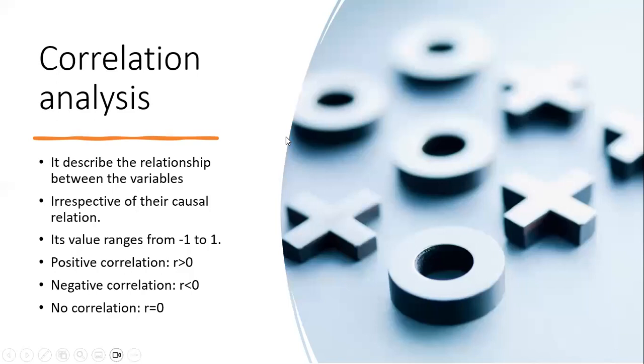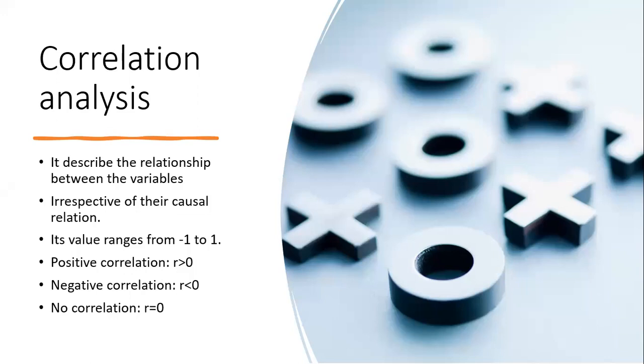Correlation analysis basically describes the relationship between the variables. Whatever the type of the variable we have included in our research, whether it is dependent, independent, moderating, mediating, or controlling variables, we want to see the pairwise relationship between the variables, right?